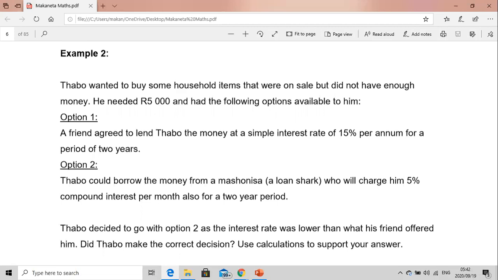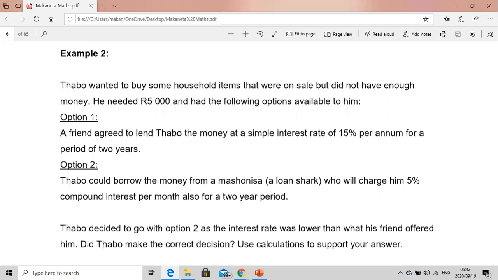If we want to check which option will be much better, the first one, you borrow money now, about 5,000 rands. The interest rate that is charged is simple interest of 15%, which is calculated per annum for a period of 2 years.